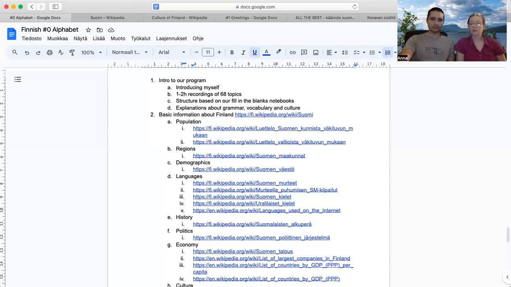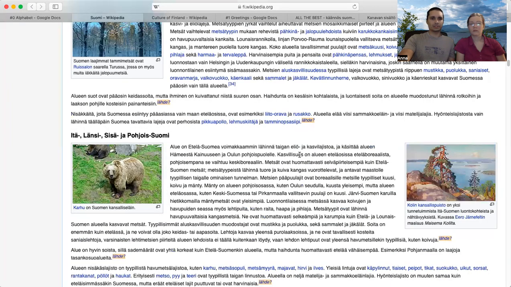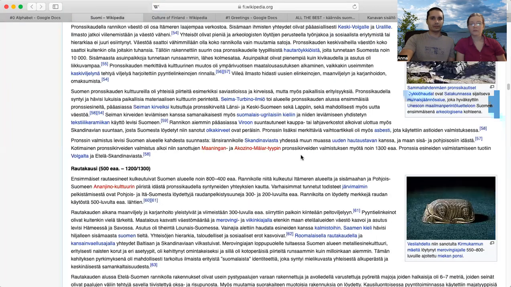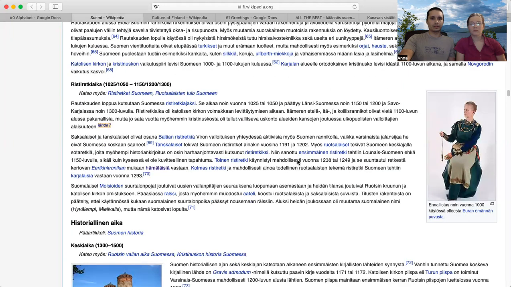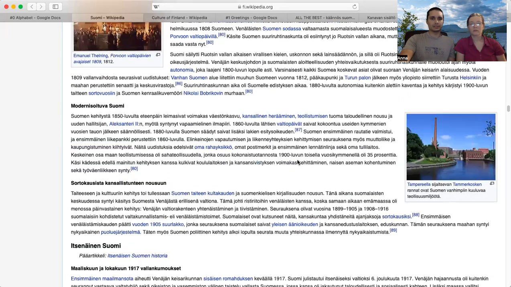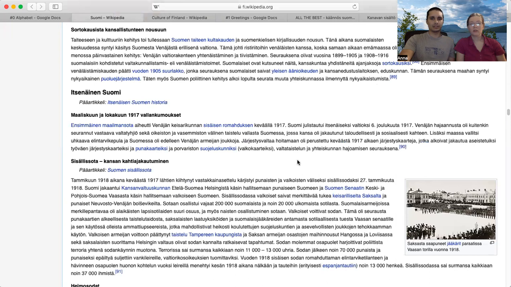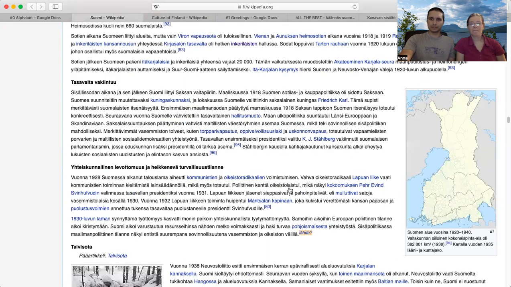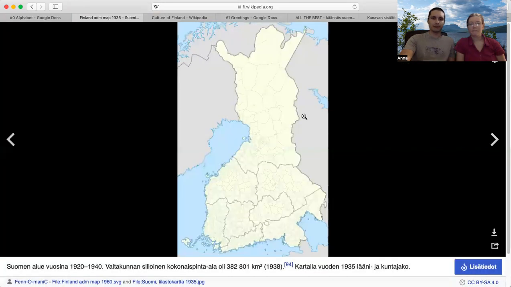And for a bit more than 100 years, Finland was part of the Russian Empire, until 1917. Here you can see the map of Finland between 1920 and 1940.